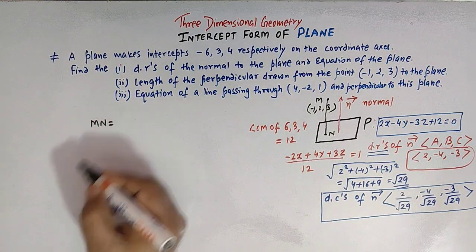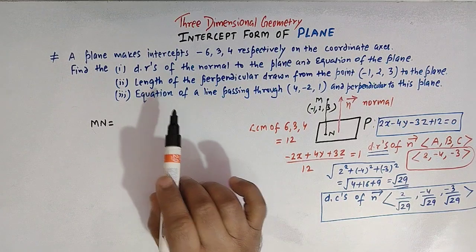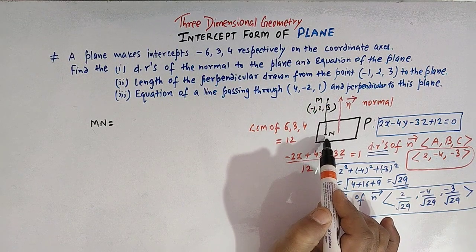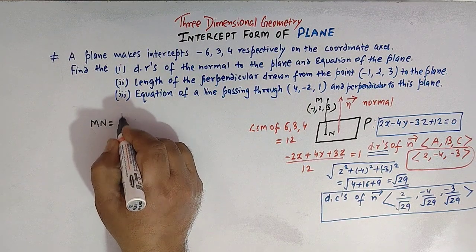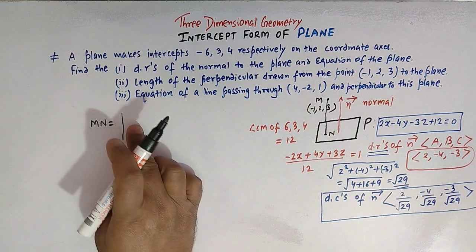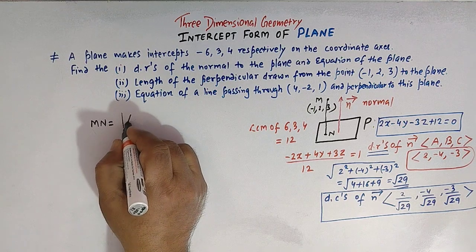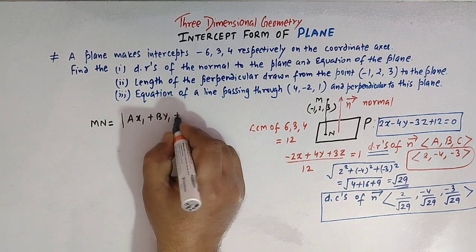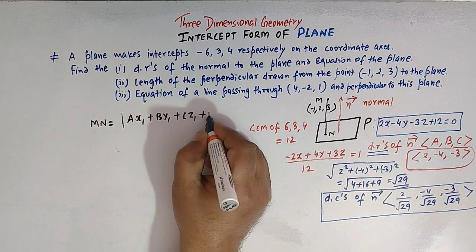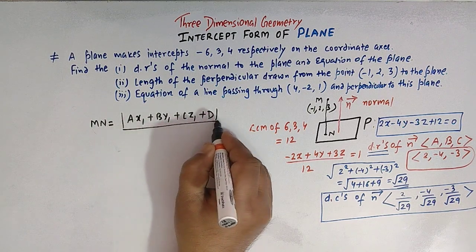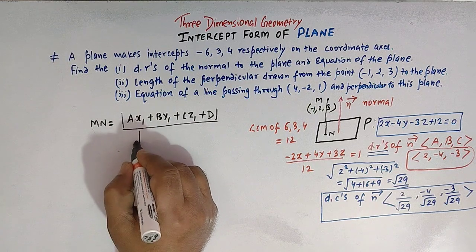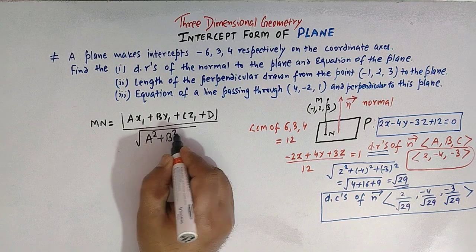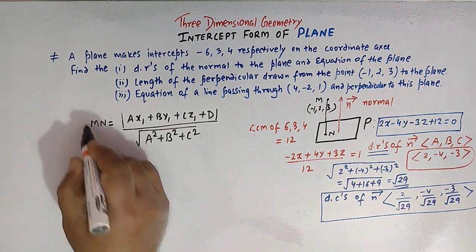So we know that the length of the perpendicular drawn from some point to the given plane is given by this formula, that is mod of say ax1 plus by1 plus cz1 plus d, and here we divide this quantity by square root of a square plus b square plus c square, right?